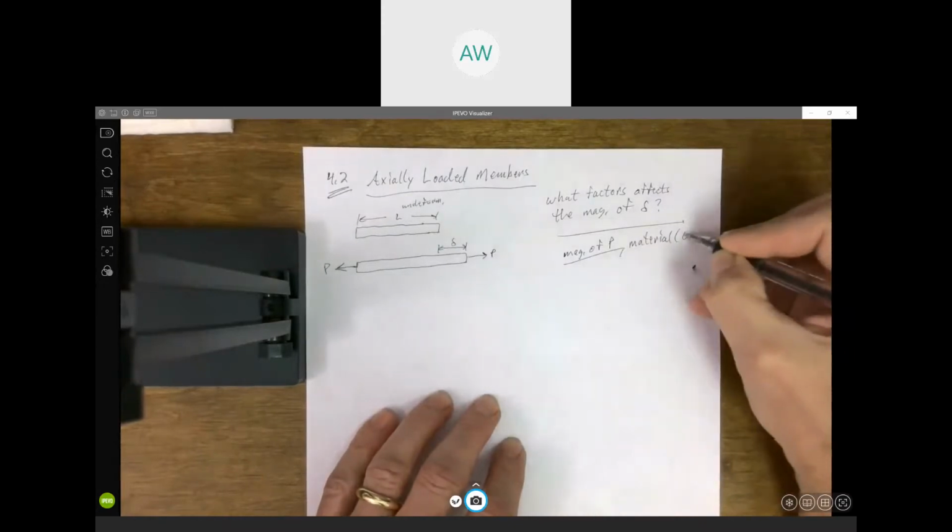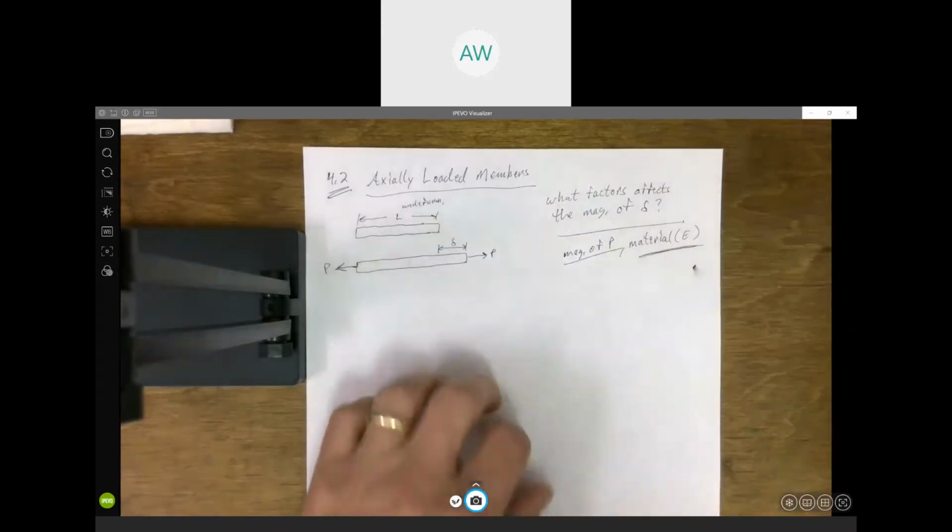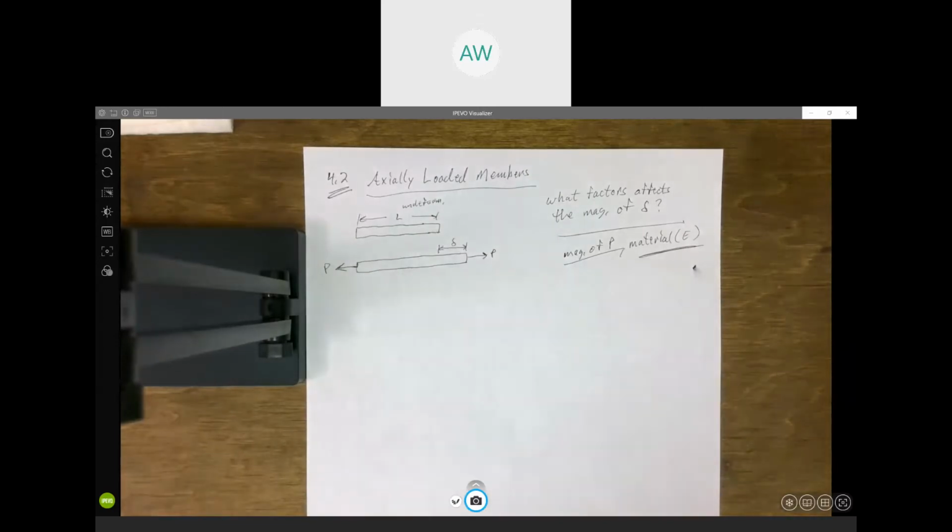Modulus of elasticity. If this thing is steel, it's not going to stretch as much as if it was aluminum. Some materials are stronger than others. So we got 2 of the 4. Got 2 more.